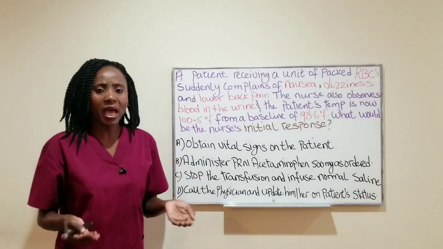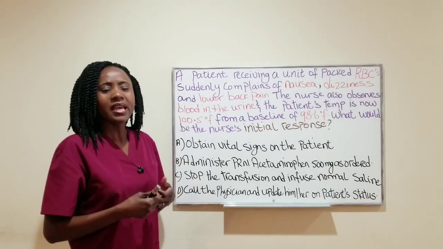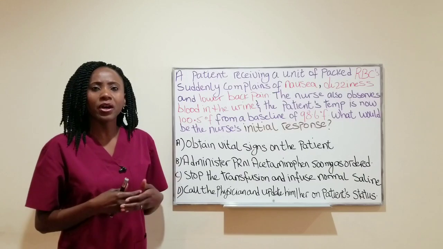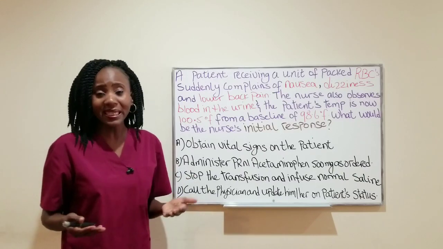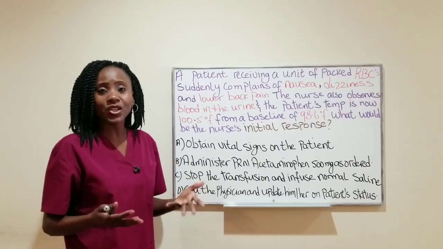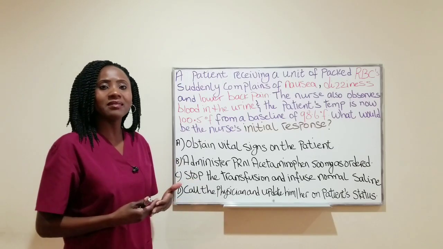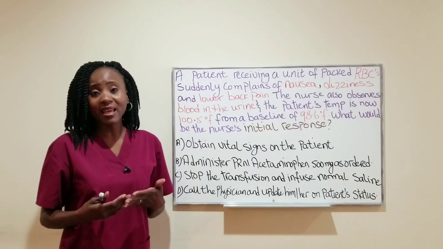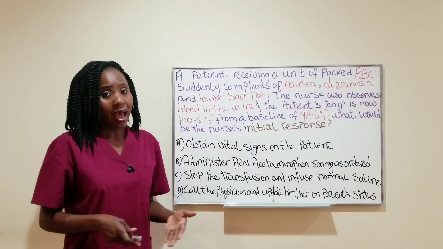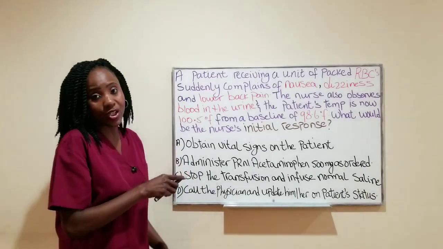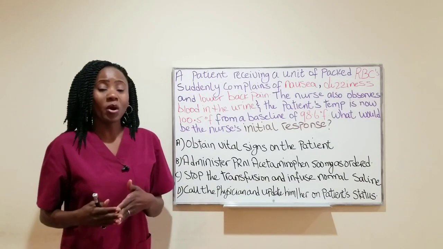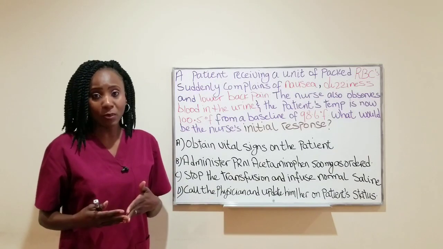A hemolytic reaction basically occurs if there is a problem with the cross and type match, meaning that essentially the patient has received the wrong blood. What happens is that the antibodies in the recipient's blood, and the recipient here would be the patient, begin to destroy the antigens in the donor's blood.